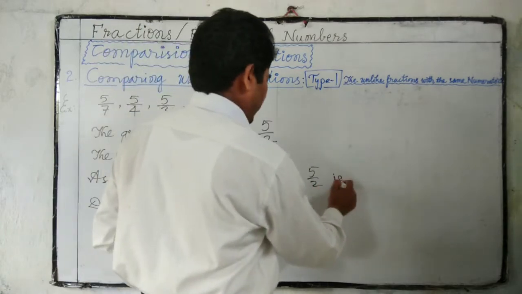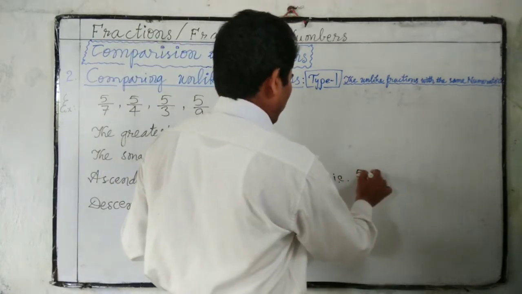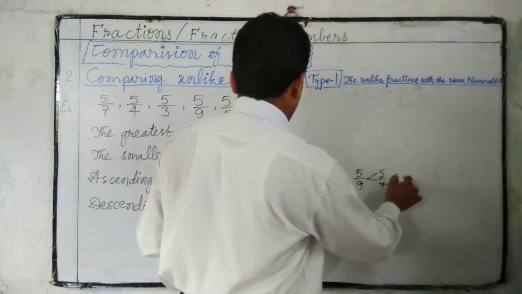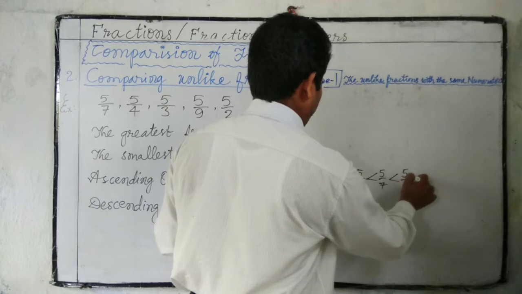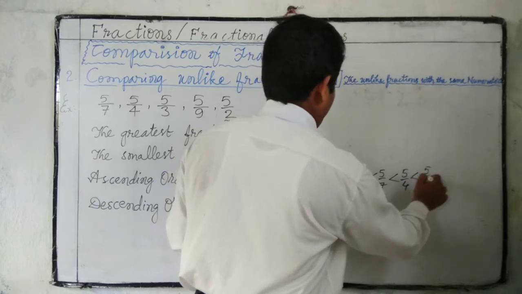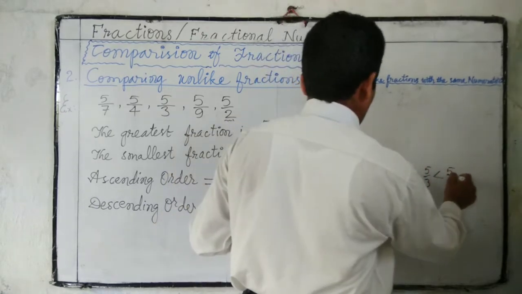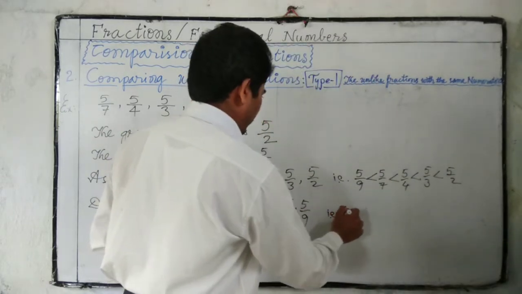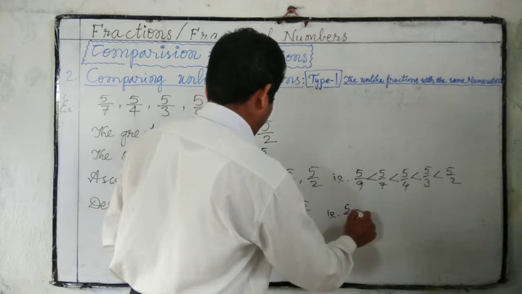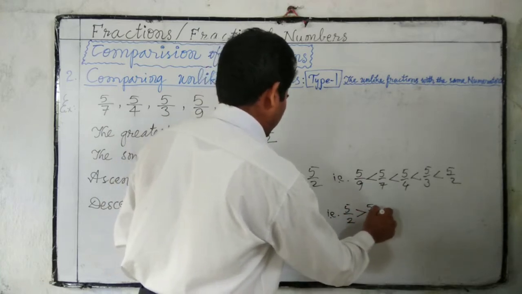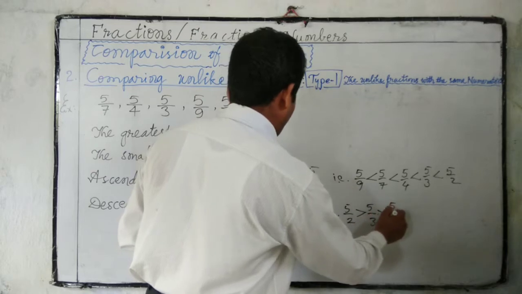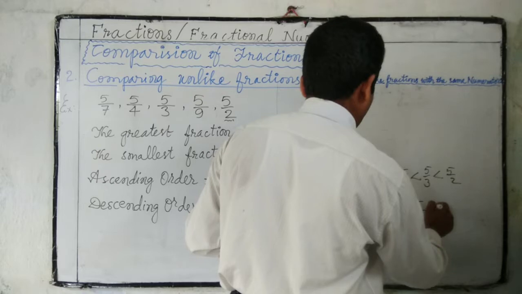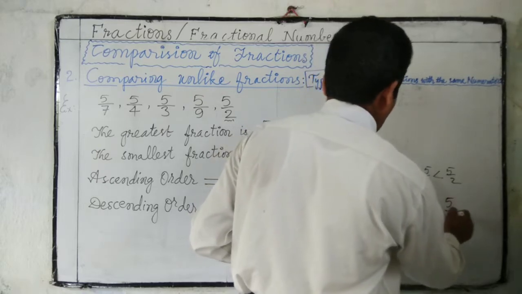And also we can write 5 by 9 is less than 5 by 7, is less than 5 by 4, is less than 5 by 3, is less than 5 by 2. And also we can write this: 5 by 2 is greater than 5 by 3 is greater than 5 by 4 is greater than 5 by 7 is greater than 5 by 9.